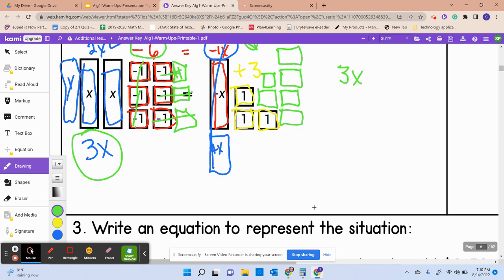The equal sign is still in the middle. And then on the right side, you have positive 9. Now, the very last step is going to divide this coefficient off. So divide by 3 and divide by 3. So x is equal to 3.